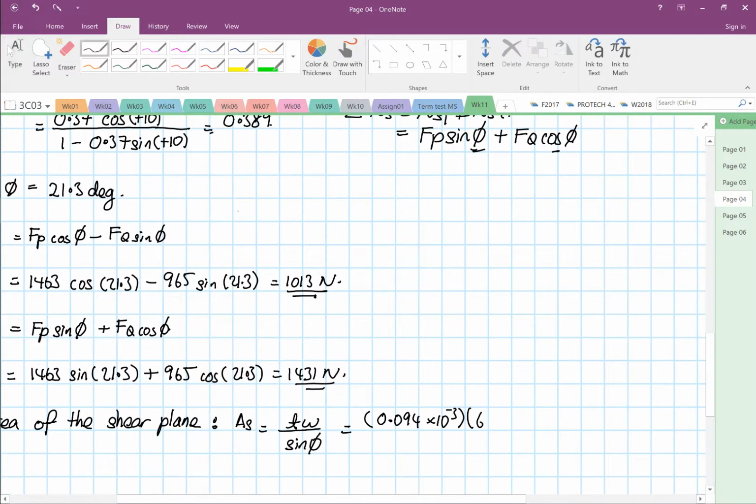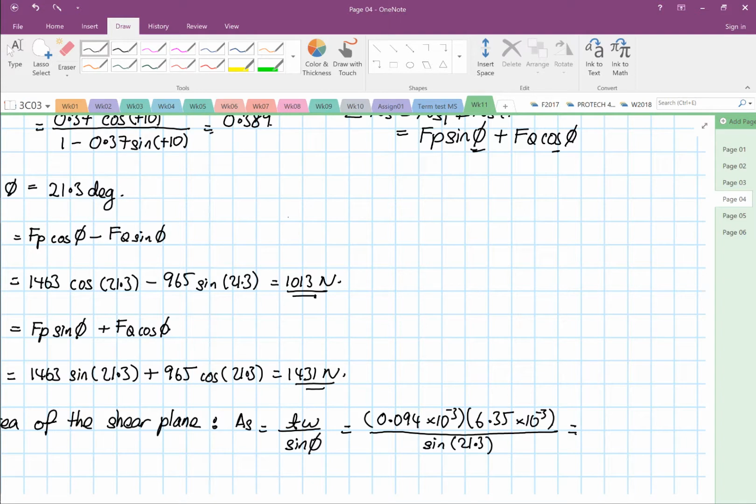6.35 times 10 to the power minus 3, and then the whole thing you divide by sine 21.3. So 0.094 times 10 to the power minus 3 times 6.35 times 10 to the power minus 3 divided by sine of 21.3.